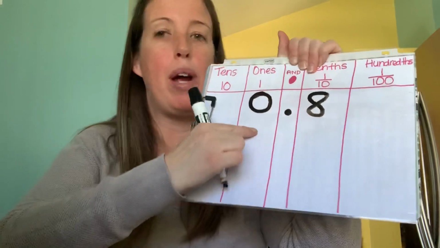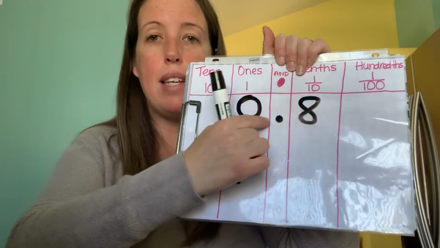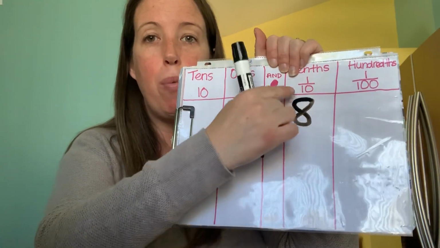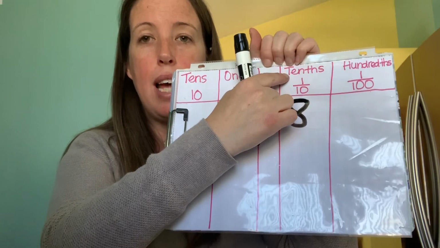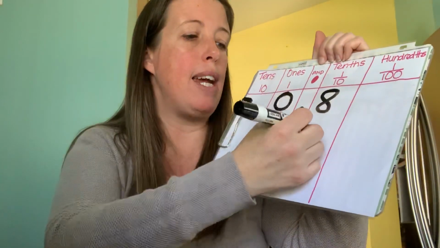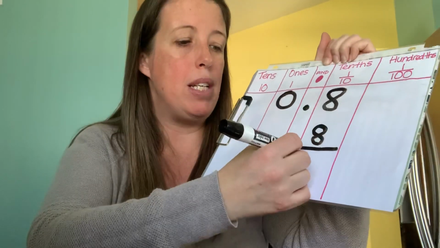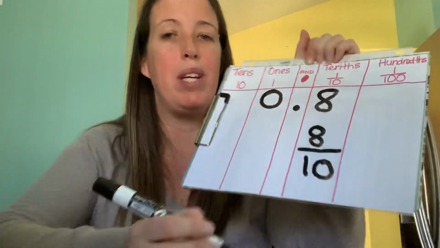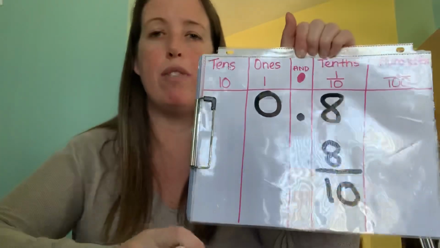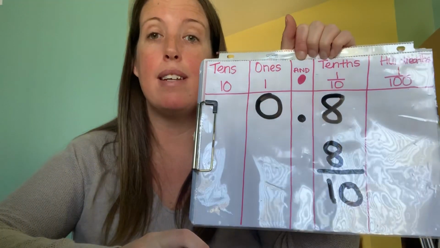So now how do I read this? I read this as 8. Where does it finish off? Tenths. So how do I write 8 tenths? 8 is my numerator. My denominator would be tenths. So you don't have to flip your chart over. I just wrote it underneath. 8 tenths. Let's try the next one.